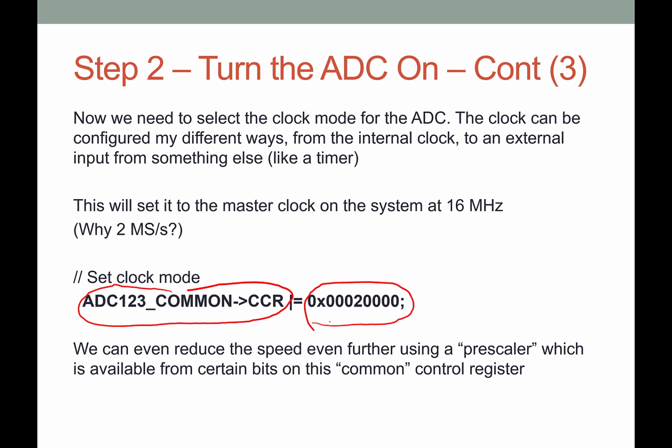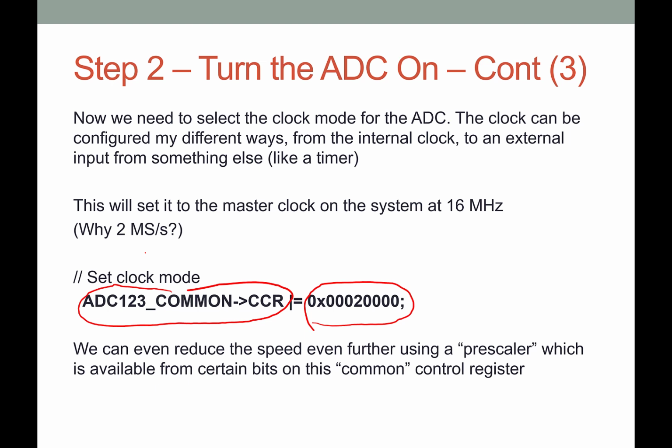We'll talk about this a little bit more when I look at the analog to digital control chapter, because we could use this 216 megahertz, and we could then pre-scale it by a specific value. That's what that video by Dr. Zhu talks about.